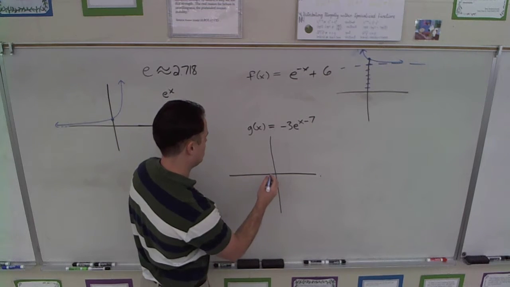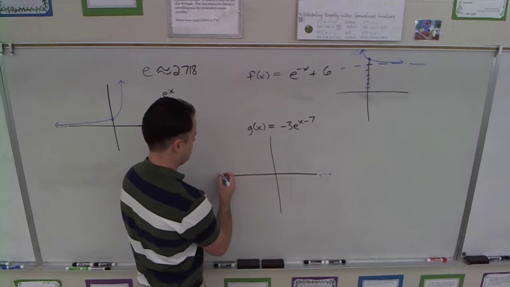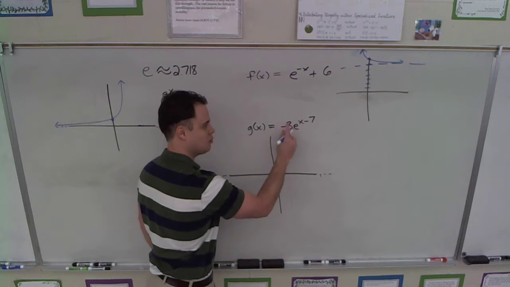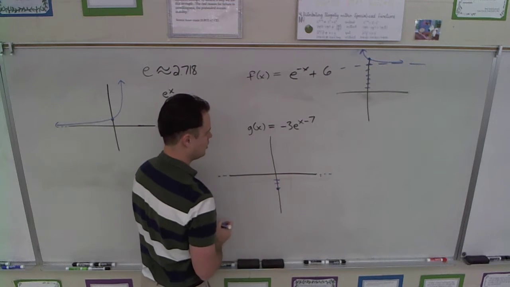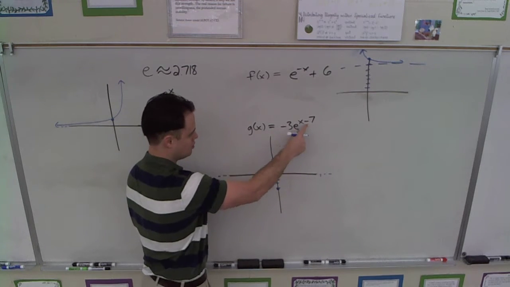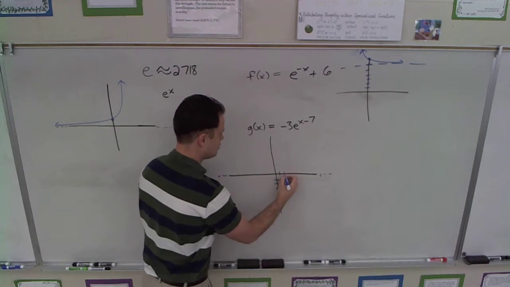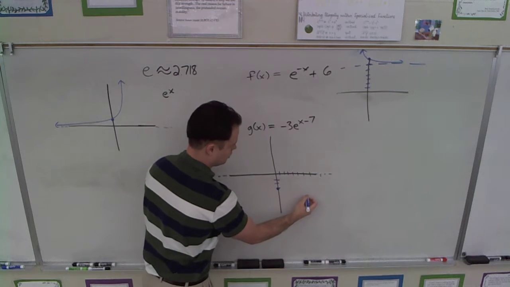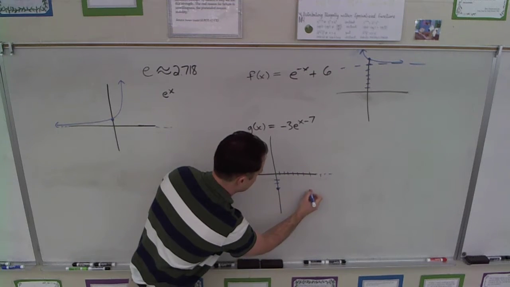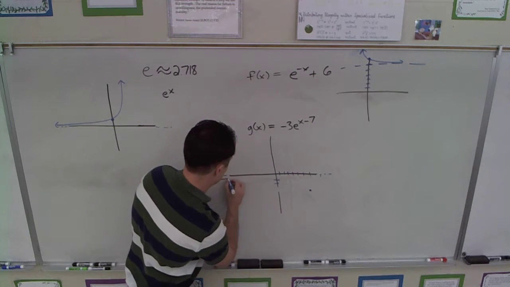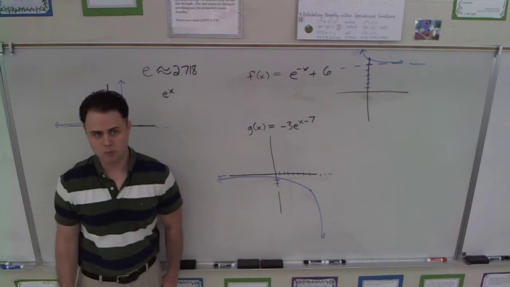So I'm going to go to my asymptote. It was going to be up 3, but down 3. And the right 7 is really going to move that point. 1, 2, 3, 4, 5, 6, 7. Right there. So it's going to go like this. So there you go. Done.